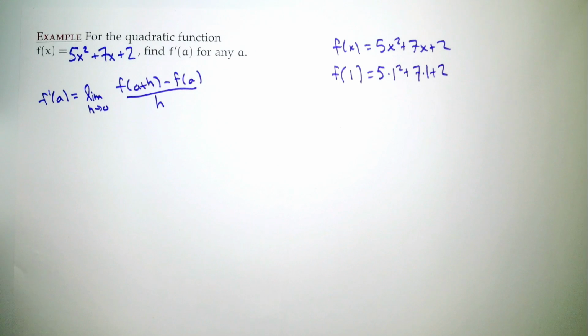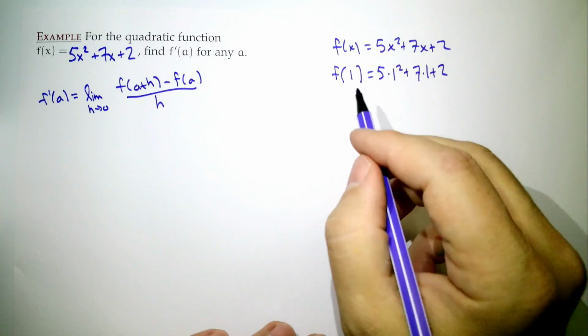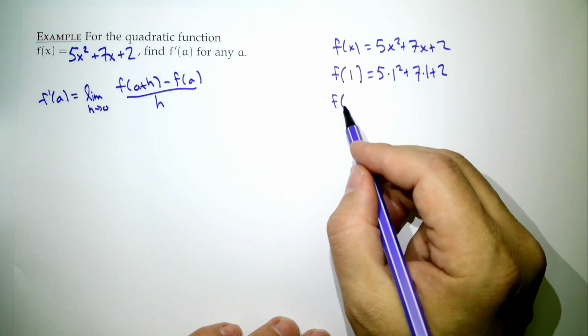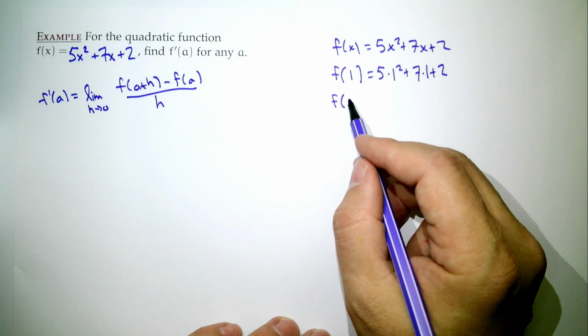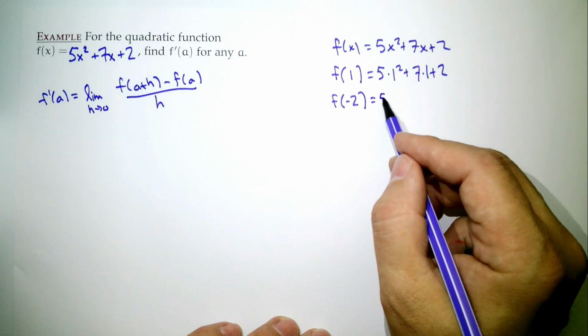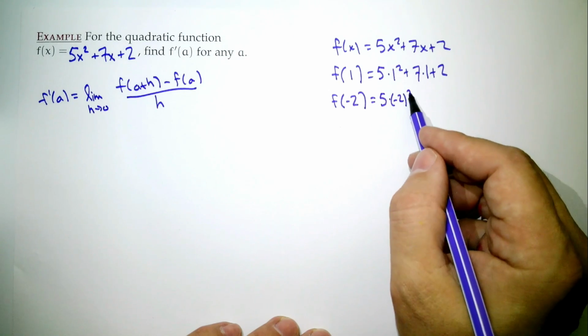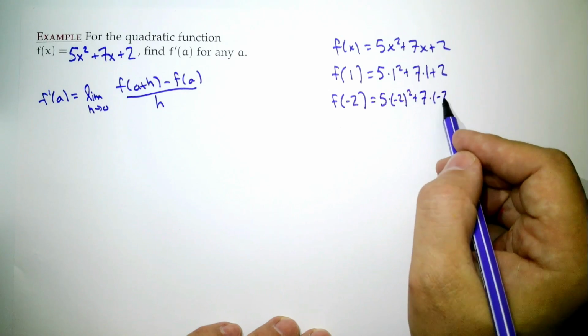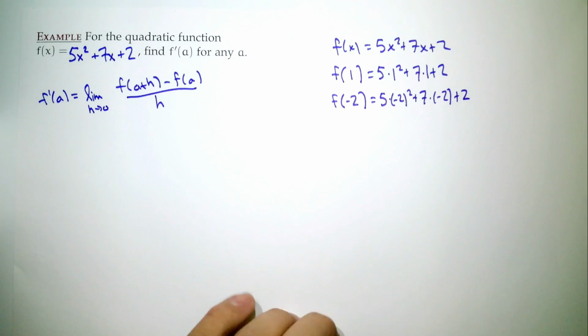You plug it in, and then after you plug it in, you can do arithmetic and simplify, so you'd get down to 14. What if I plugged in, say, something exotic like negative 2? Well, 5 times negative 2 squared plus 7 times negative 2 plus 2. Okay, so far, all right. You're probably thinking easy, easy.